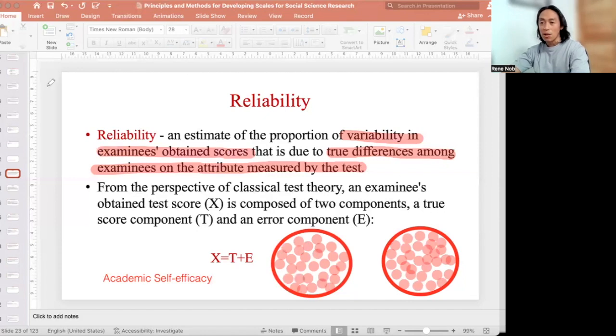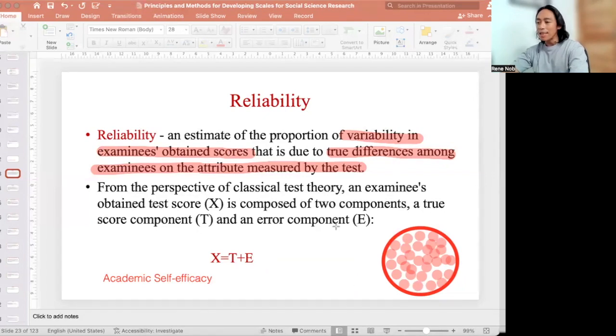Now the question is, how much of the variation in the test scores reflect the variation in the true score? So as you can imagine, reliability can be illustrated by some kind of overlap between these two types of variation. So how much of the variation in the test scores represent the actual variability in the true score?